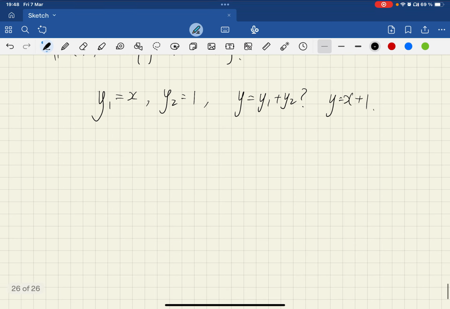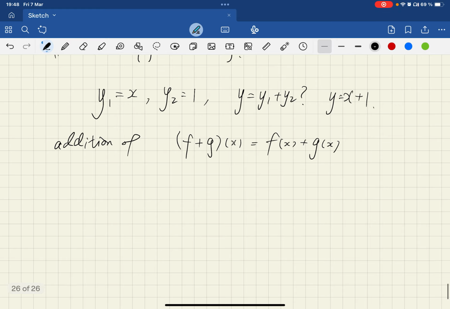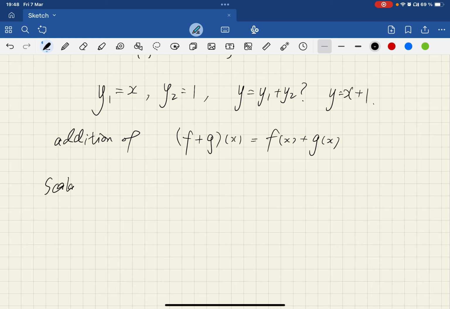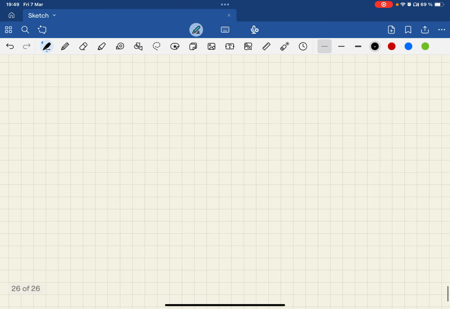So the addition of this is (f plus g)(x) equals f(x) plus g(x). And the scalar multiplication is... now we got this.